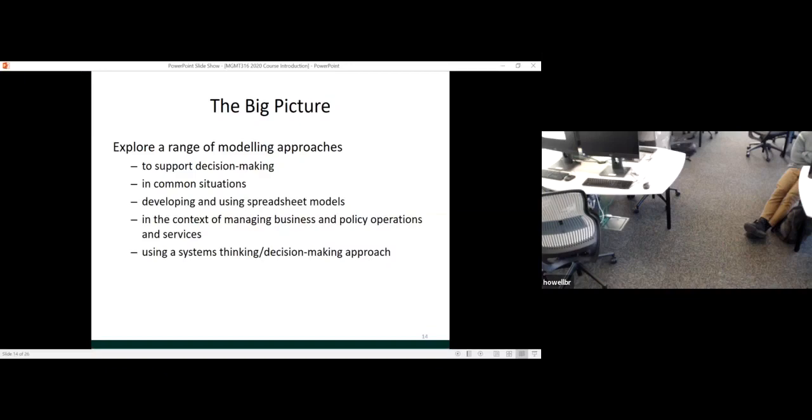Recognising that we live in Wellington and a lot of our graduates go across the road to public service, it's not just about business decisions, we look at policy decisions as well. And we're going to use the systems thinking decision-making approach that we've developed with you through 206, if you've done it, or for those doing 208, you're seeing that coming through. So this is where this leads to our approach to teaching these things in a systems thinking decision-making context.